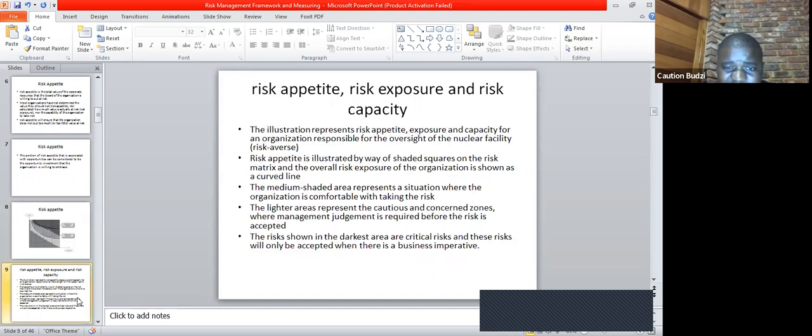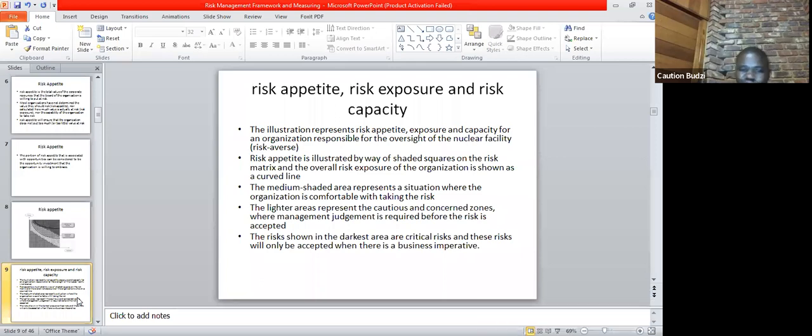So the diagram illustration represents risk appetite or exposure and capacity for the organization responsible for the oversight of the nuclear facility. Usually these organizations are risk averse. So the risk appetite, you find that it is low.